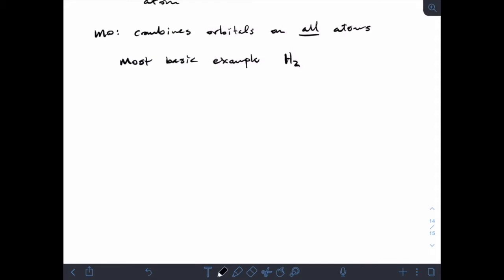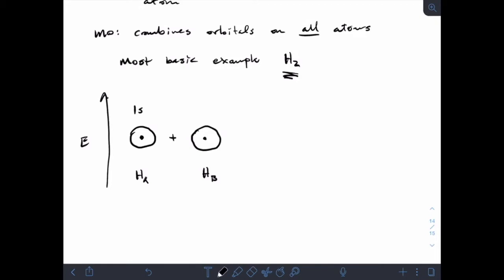If I'm drawing another thing that is looking at energy going up, I'm going to have 2 1s orbitals. There's one of them, and I'm going to combine it with another one. And we can call this hydrogen A and hydrogen B, each of the hydrogens that are going to combine to make dihydrogen. So each one of these is a 1s orbital.